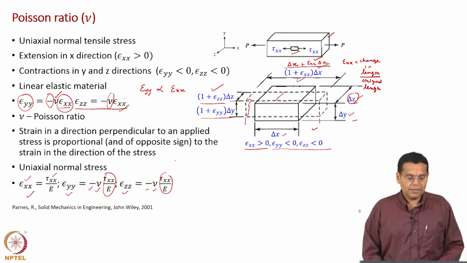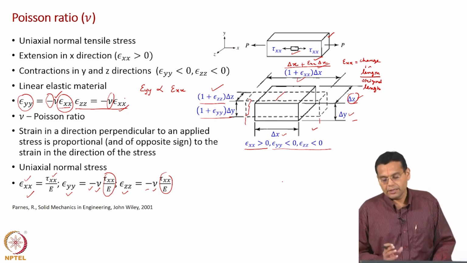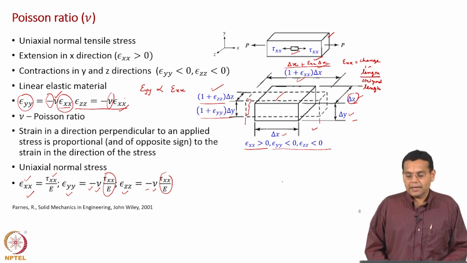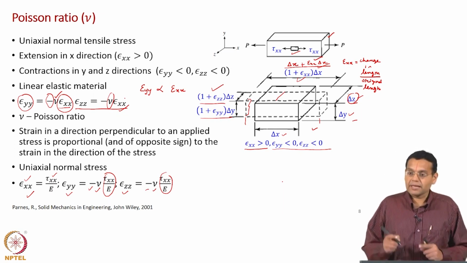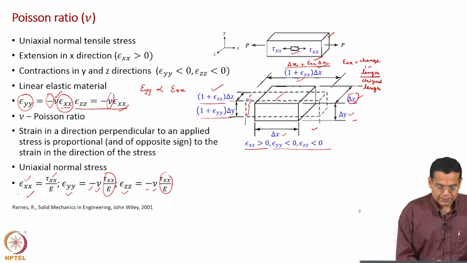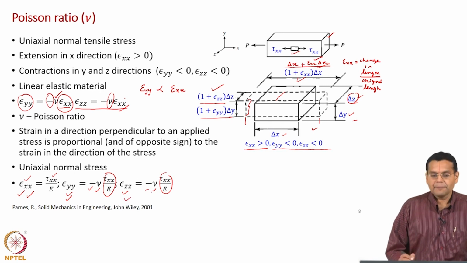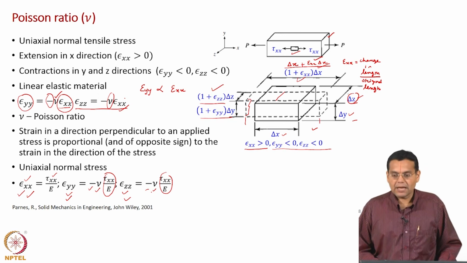So, what is the meaning of this statement? If you have, let us say, a cuboidal element subject to uniaxial normal stress along the x direction, then the normal strain along the x direction is given by this expression, and the normal strain along the y and z directions are given by these two expressions. Okay. So, that is the meaning of the last statement.